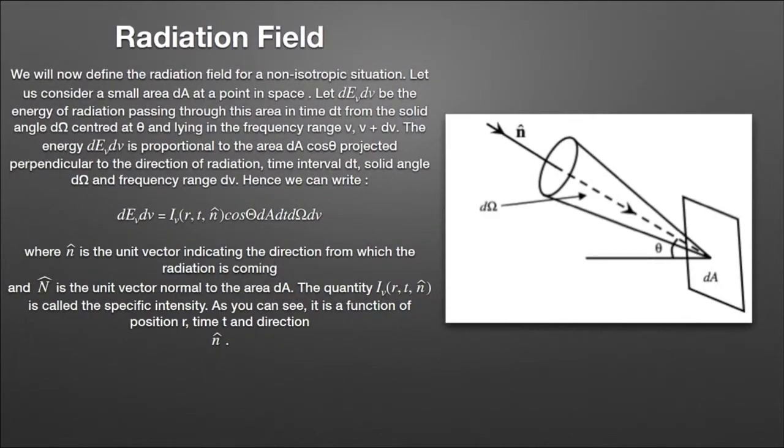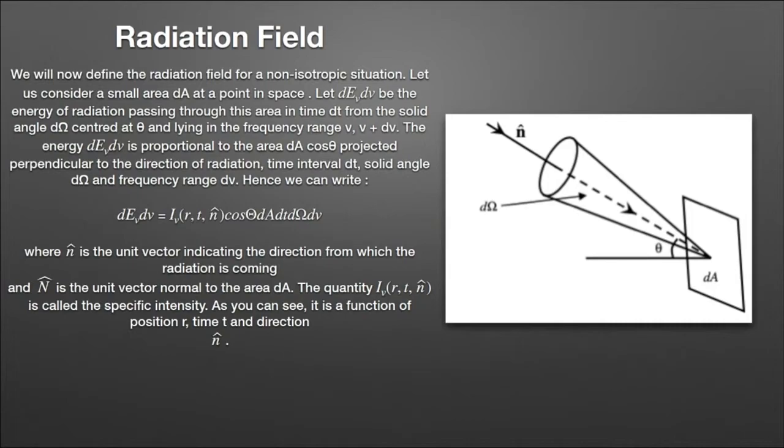For that, what will we consider? We will consider a small area dA and the radiation that is striking on it. Let dE_ν be the energy of radiation passing through the area in a small time dt, from the solid angle dΩ centered at θ and lying in the frequency range ν to ν plus dν. So the energy dE_ν is proportional to the area dA cos θ projected perpendicular.